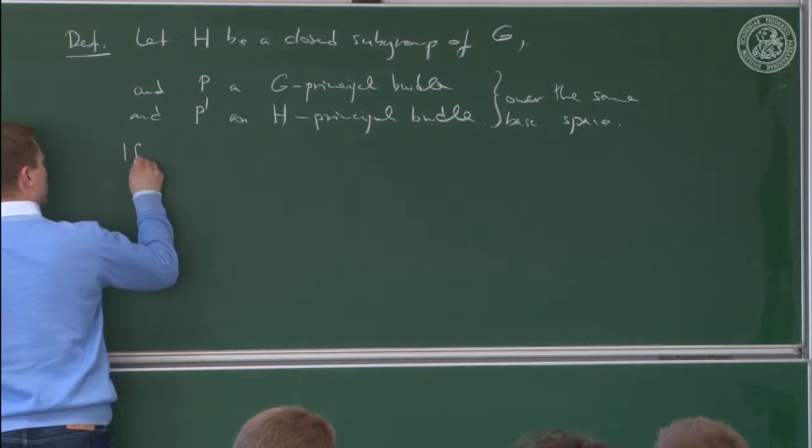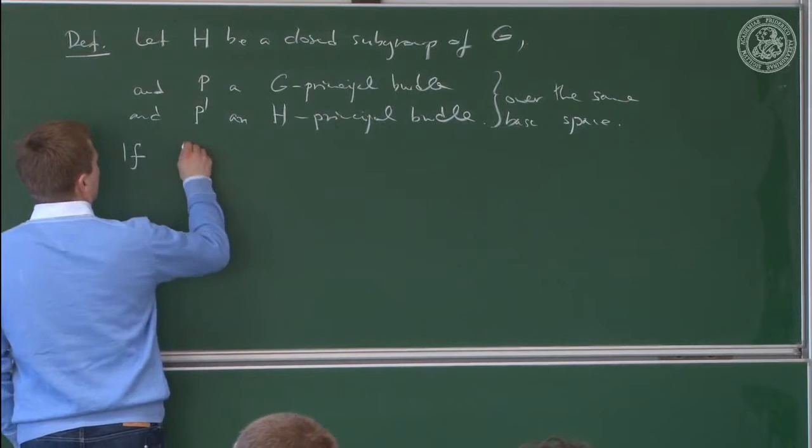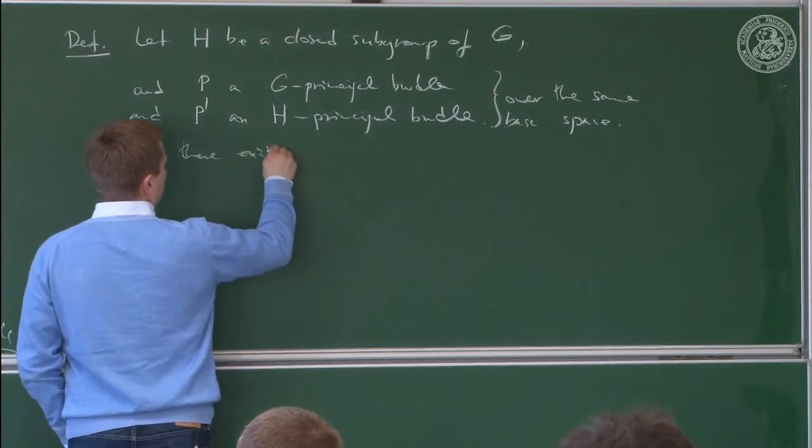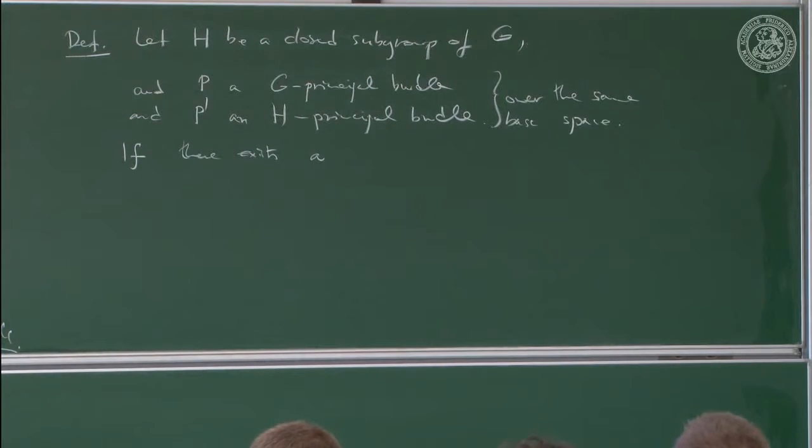Now, if there exists, well, could we talk about a principal bundle map between these two principal bundles? No, because a principal bundle map we only defined before for two bundles with the same Lie group, or between two principal bundles with different Lie groups, but where you're additionally given a group homomorphism from one into the other.